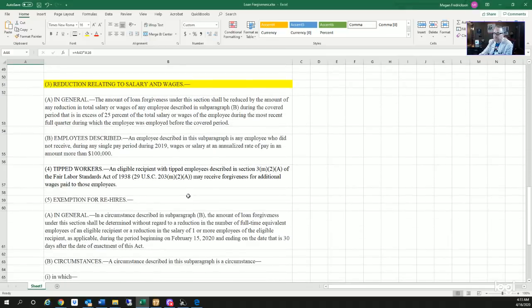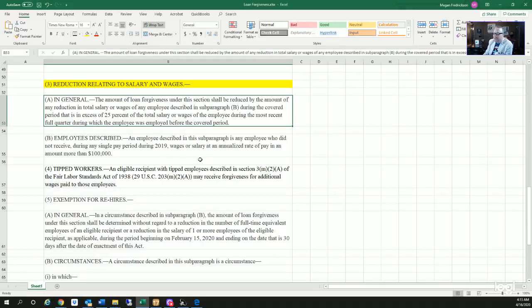So let's come down here. Remember, this is all from the law. Reduction relating to salary and wages. So it says in here, the amount of loan forgiveness under the section shall be reduced by the amount of any reduction in total salary or wages of an employee described in subparagraph B during the covered period that is in excess of 25% of the total salary or wages of the employee during the most recent full quarter during which the employee was employed before the covered period.